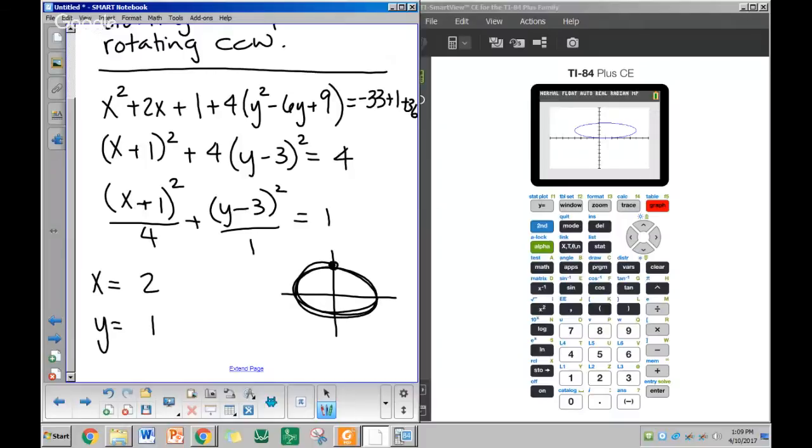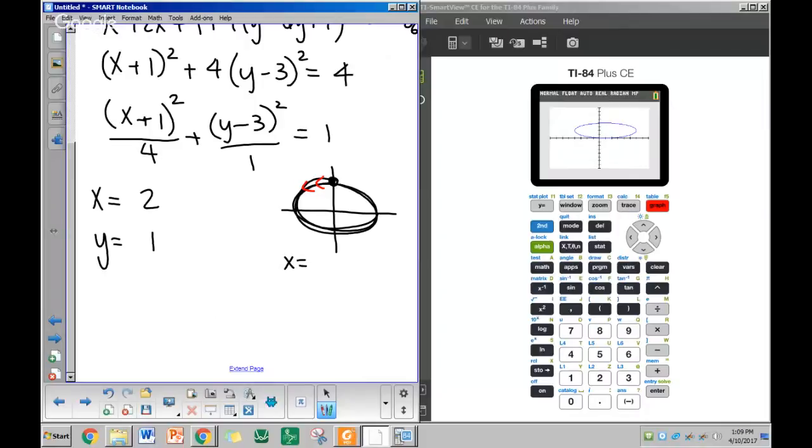So if I'm starting up here and I'm going this direction, what are the x's telling me? Negative, negative, positive, positive. Good. Y equals, what are the y's telling me? Positive, negative, negative, positive. If you were going to superimpose a graph on here, this is a negative sine wave and a positive cosine.